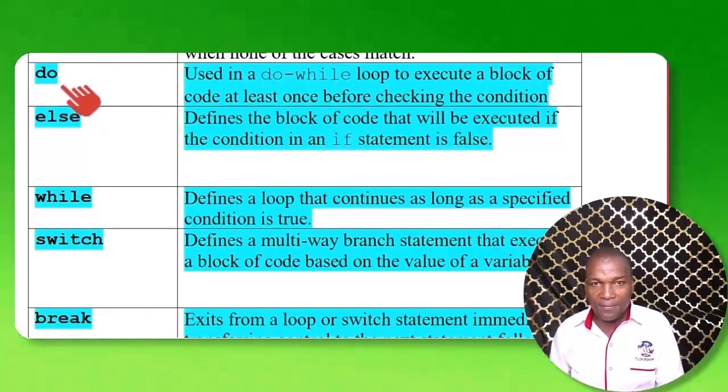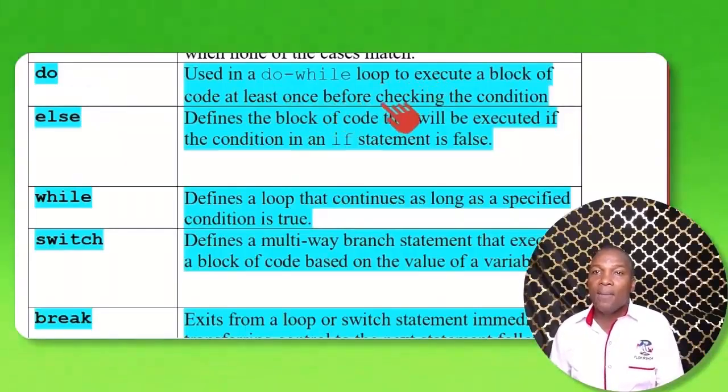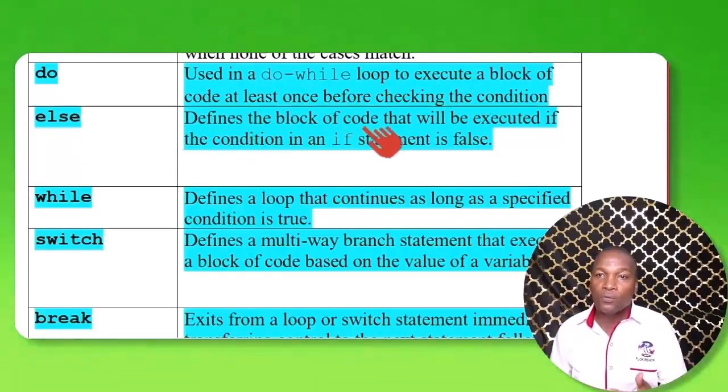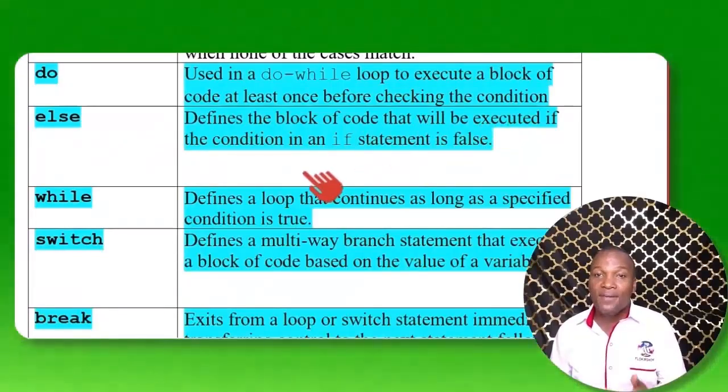The first keyword I've given here is do. It is used in a do-while loop to execute a block of code at least once before checking the condition. Then the next keyword is else. It defines the block of code that will be executed if the condition in an if statement is false.